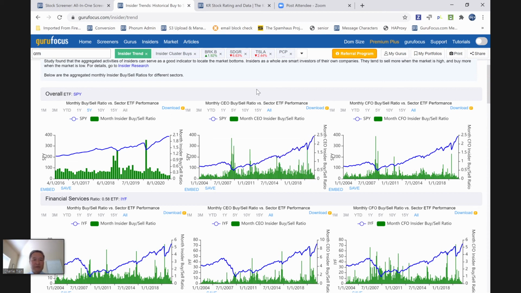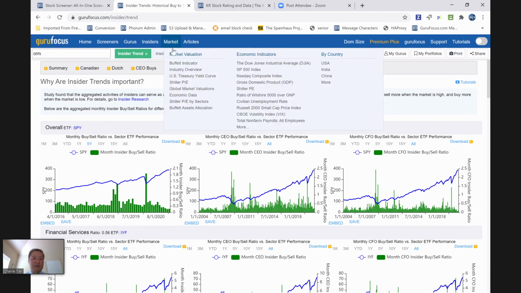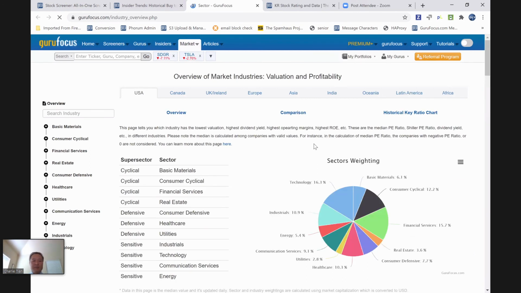If we want to buy more stocks, but if we really want to buy, where do we go? I think we should follow the direction of Warren Buffett. We should buy more traditional companies, and we can also see this from the GuruFocus industry overview page.